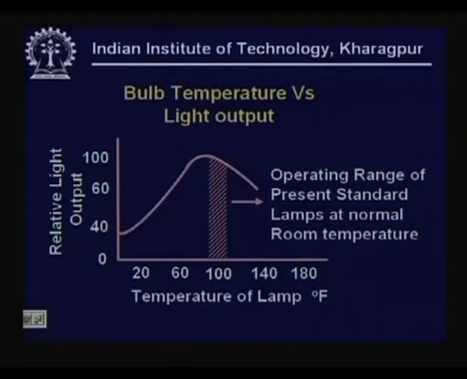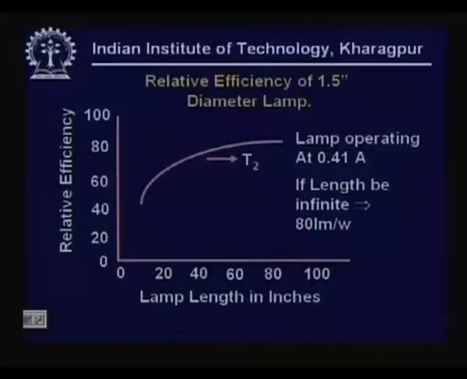This is the bulb temperature which can be felt, and soon we will look into how every watt of electrical energy pumped into this fluorescent lamp gets converted into light and heat, and how it is propagated out or how it is spent. See, this is the efficiency of a 1.5 inch diameter lamp.